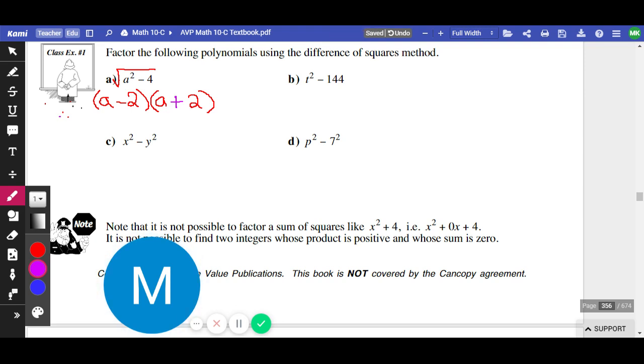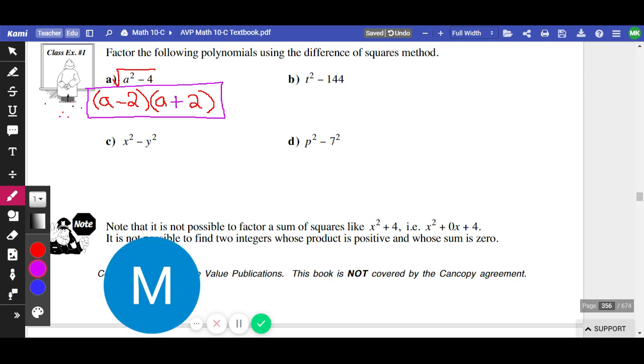That is your solution. Easy, right? It's not that bad. So difference of squares usually is the easiest one if you remember how to do it and how to recognize one.